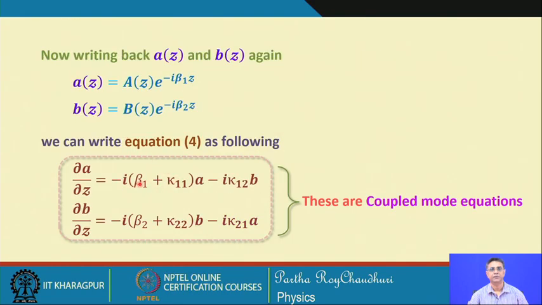If I take del A del z for an individual waveguide, represented by some a into e to the power of i beta 1 z, then if it is non-interacting I write del A del z equal to minus i beta 1 into a. But in this case it appears in association with another term, kappa 1.